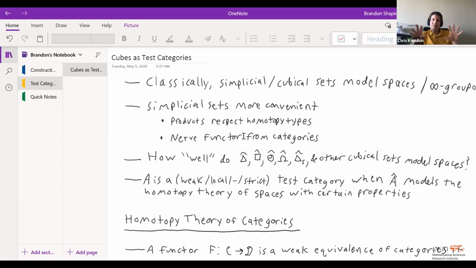But then there's still a question of how you approximate between the two shapes, and maybe I'll advertise a talk that's going to happen next week. There is an analog of this Reedy model structure for cubical sets, and at some point you need to compare the two.